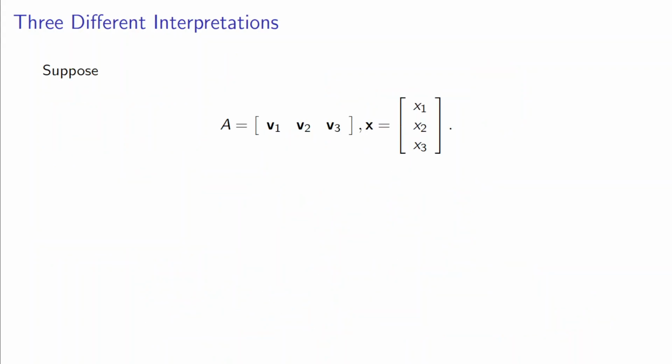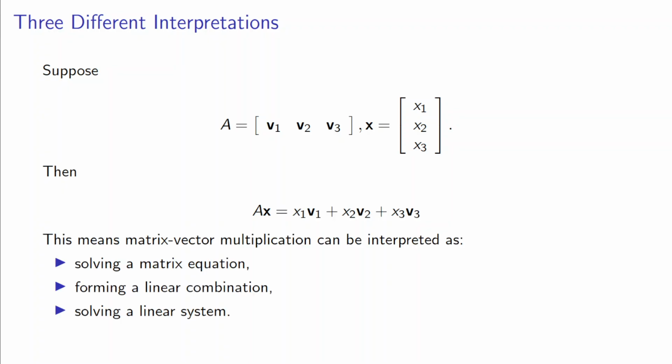So there are three different interpretations that we want to consider here. Suppose we have, just for an example to begin with, a matrix A consisting of the columns v1, v2, v3, and then the vector x consisting of the components x1, x2, x3. So A times x, this matrix vector multiplication, would look like this: x1 v1 plus x2 v2 plus x3 v3.